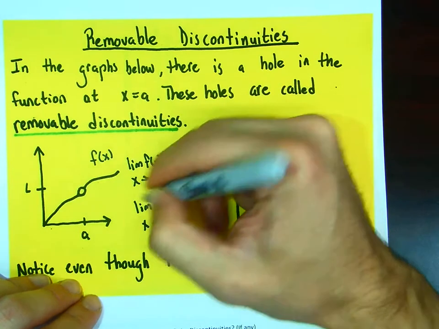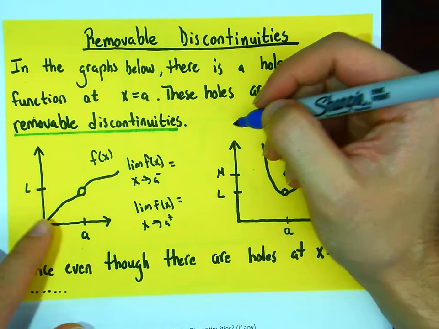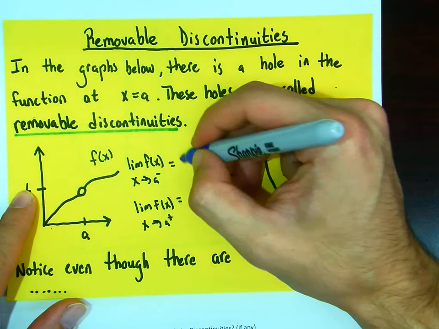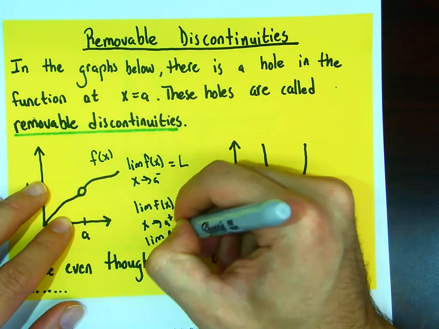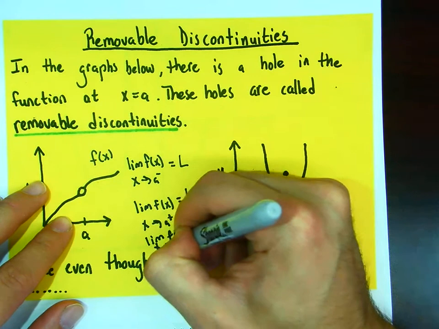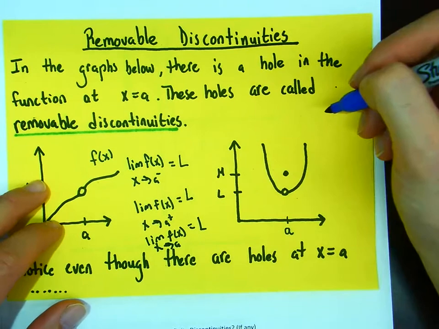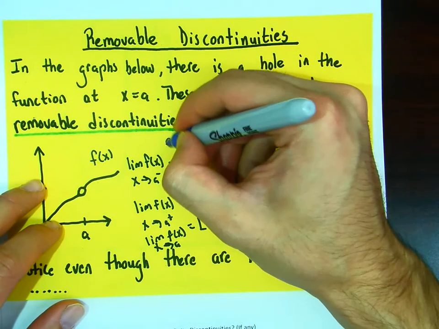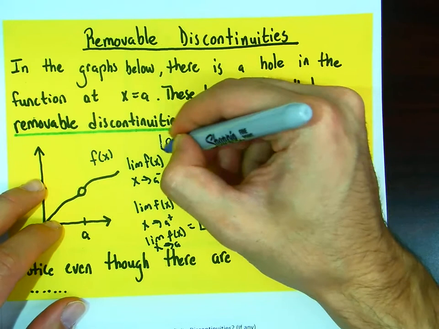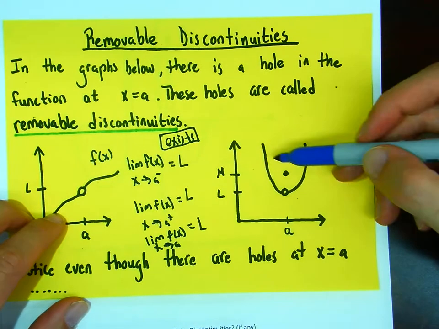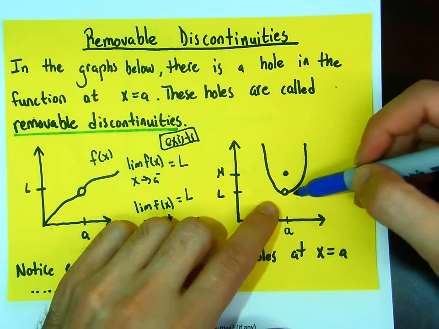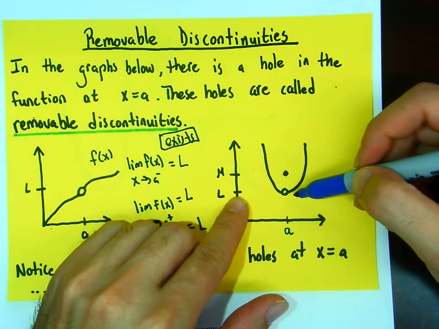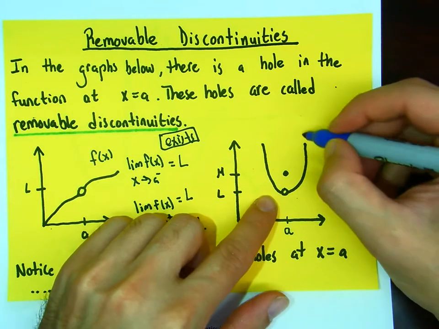Notice that from the left it's going to L, and from the right it's going to L. So the limit in general of f of x as x approaches a is still L, and notice that the limit exists. The same concept applies over here, from the left and from the right, it's going to L. But let's say this graph is g of x.